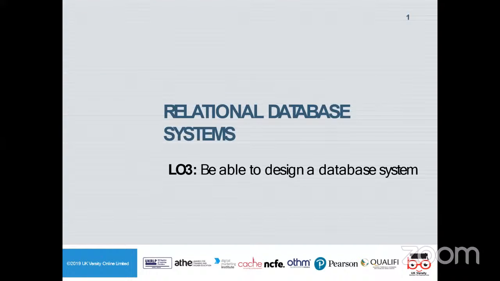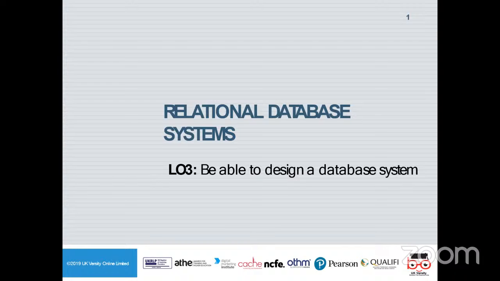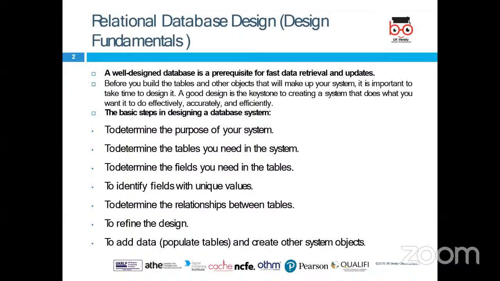We come to the third learning outcome, which I assume is the last learning outcome for this unit. In today's learning outcome, we have to be able to design a database system. In the previous tutorial, we introduced several types of database systems and how the database management system process has to be done.